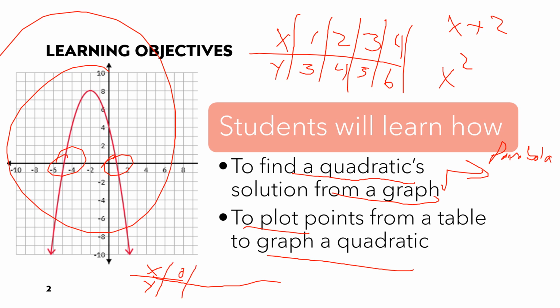You'd have, let's say, 0, 1, 2, 3. Well, 0 squared is 0, because nothing times nothing is nothing. 1 squared, well, 1 times 1 is 1. 2 times 2 is 4. 3 times 3 is 9. So it's really the same concept, but the operations are a little bit different.